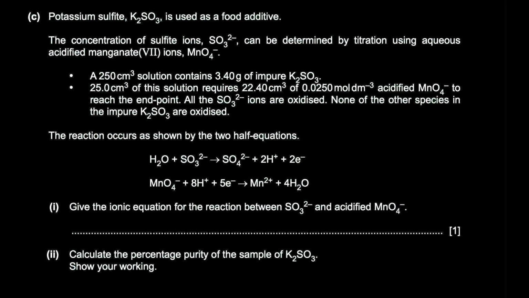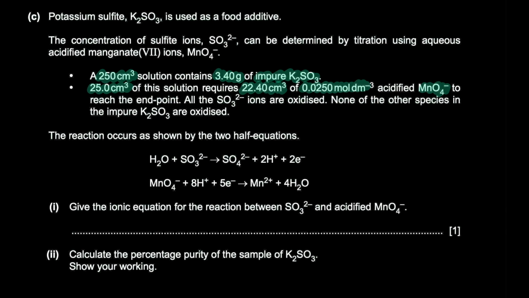Potassium sulfite, K2SO3, is used as a food additive. The concentration of sulfite ions can be determined by titration using aqueous acidified manganate 7 ions. A 250 cm3 solution contains 3.4 grams of impure potassium sulfite. 25 cm3 of this solution requires 22.4 cm3 of 0.025 moles per dm3 acidified manganate 7 to reach the endpoint.